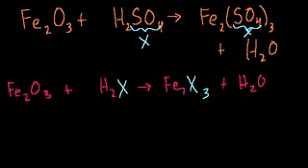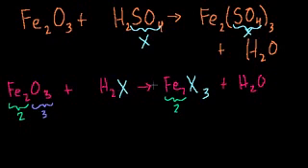So let's see. On the left-hand side, how many irons do we have? We have 2 irons here. We have 2 irons there. So the irons look balanced at first glance. Let's deal with the oxygens. We have 3 oxygens here, and we only have 1 oxygen here.